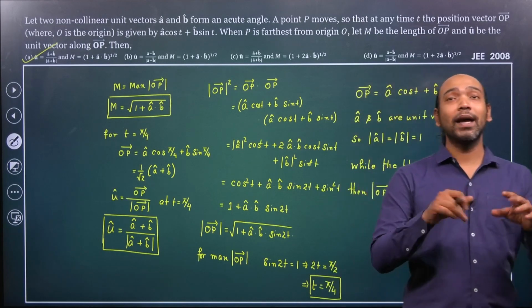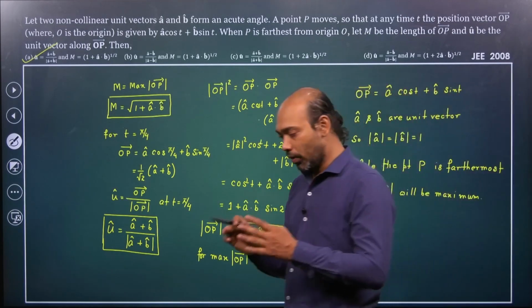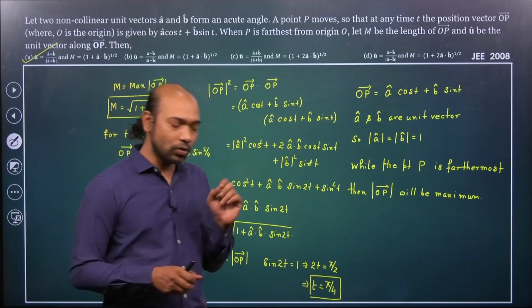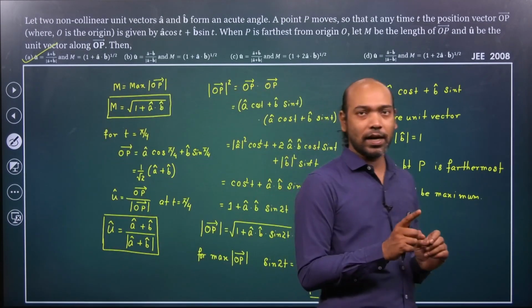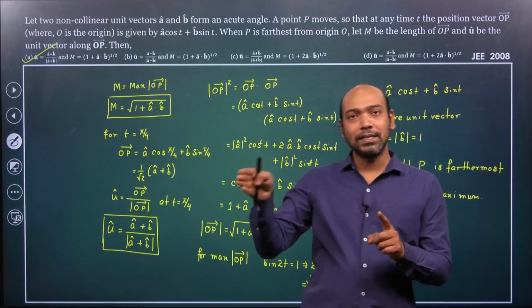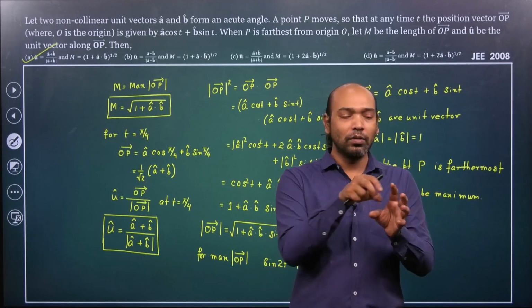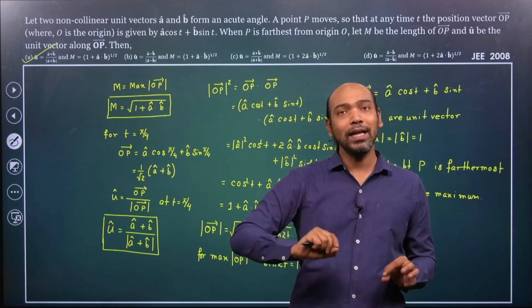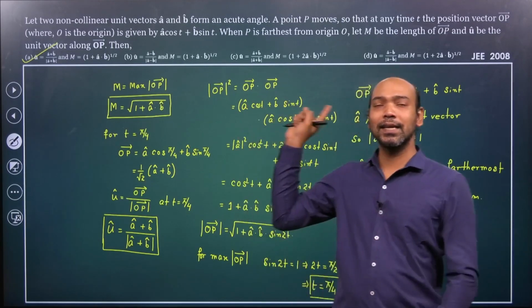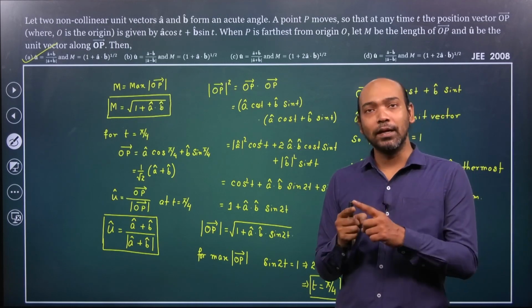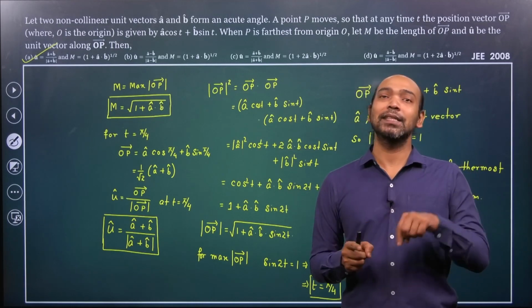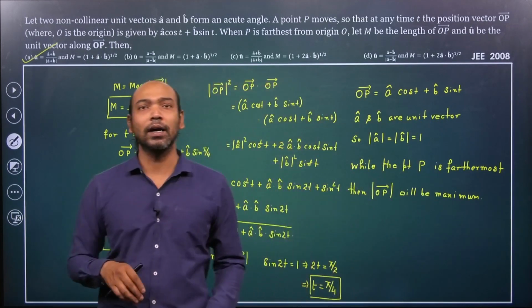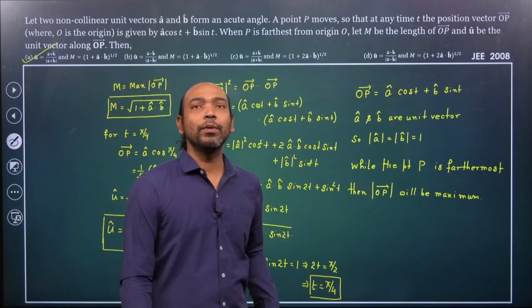Remember that squaring the components, as with i, j, k, or maybe a, b, c, removing the vectors and taking the components and squaring, can be applied only when the vectors, in this case a, b and so on, are mutually perpendicular. Otherwise, you have to take the dot product to calculate the mod. That's it. Hope you understood the problem.